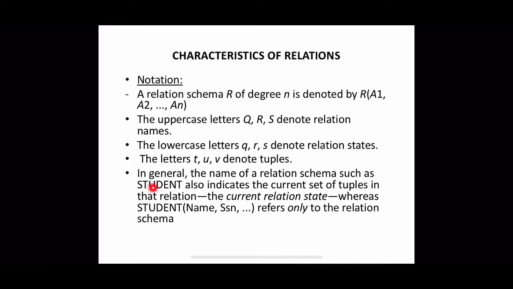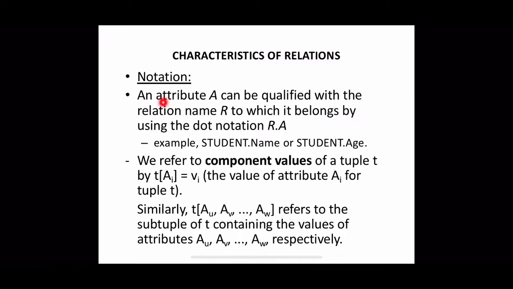So the mere name will denote the corresponding relation state also. And also an attribute A can be qualified with the relation name R, like R.A. For example, student.name represents the name attribute of the relation student, or student.age, like that we can denote.